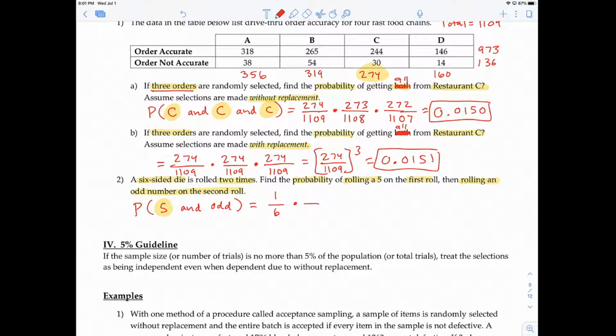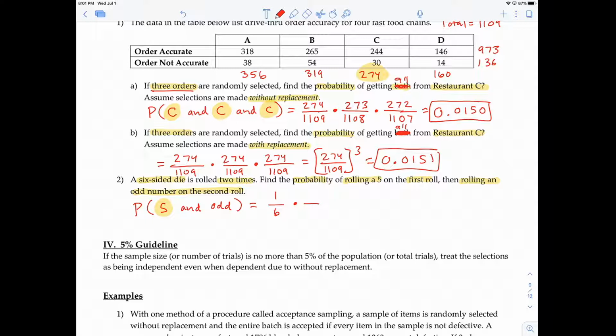Notice how this does not say whether it's with or without replacement. But if you think about it, if you roll a die, you can't take that number out. So you can think of this as with replacement. If you roll, let's say, a 5, you can roll a 5 the next time, because it's not as if the 5 doesn't exist after you roll the first time. So this is independent, because you can think of it as equivalent to having a replacement.